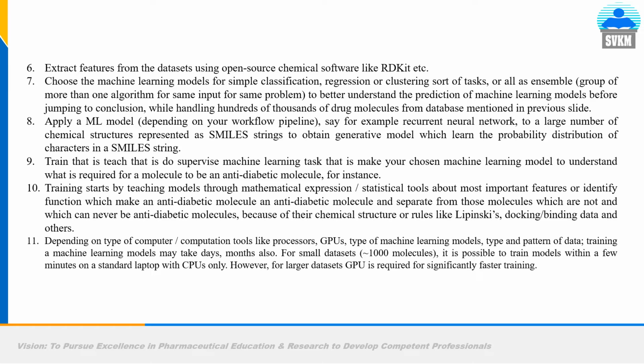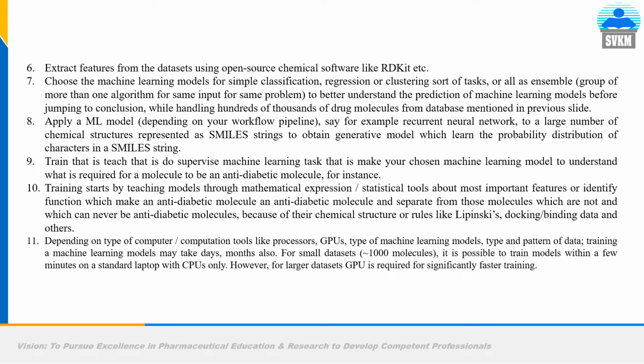Training starts by teaching the model through mathematical expressions, statistical tools about the most important features or identity function which makes an antidiabetic molecule an antidiabetic molecule, and separate from those molecules which are not, and which can never be an antidiabetic molecule because of their chemical structure or rules like Lipinski's, docking, binding data and others. Depending on the type of computation tools like processors, GPUs, type of machine learning model, type and pattern of data, training a machine learning model may take days, months also.